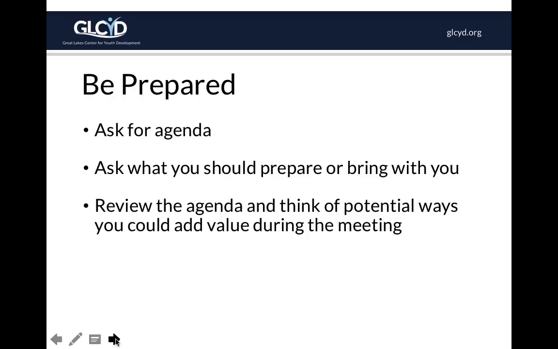So be prepared. If you didn't get an agenda already, ask for an agenda, and ask for it in advance so that you can look through the agenda and think of what are some of the things that may come up during the meeting, what are some of the things that I may be able to do in preparation for the meeting that could add value to the meeting.